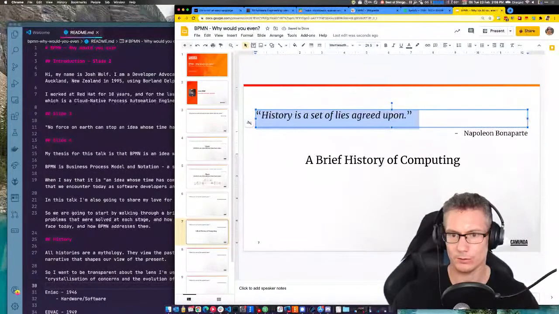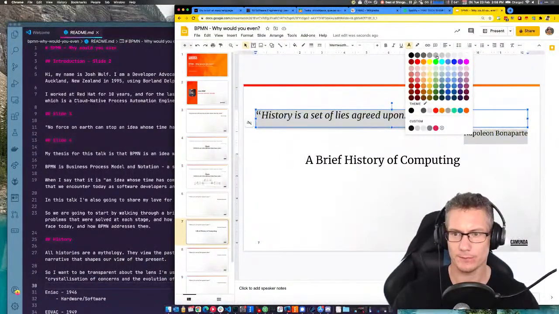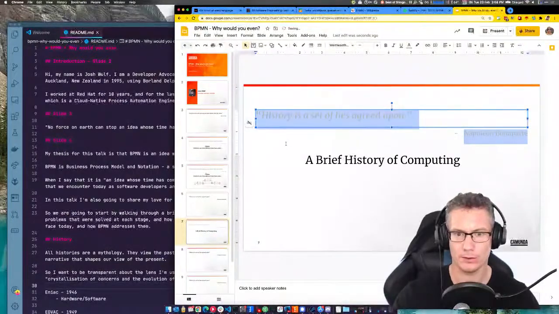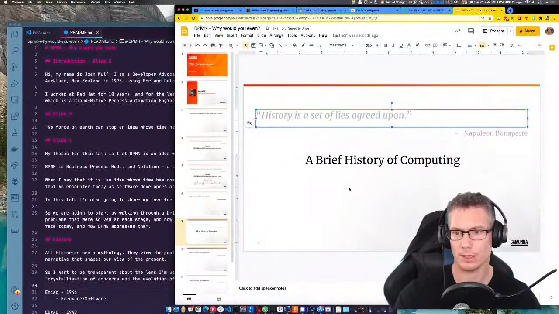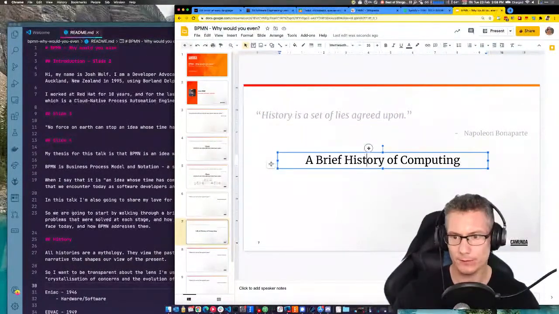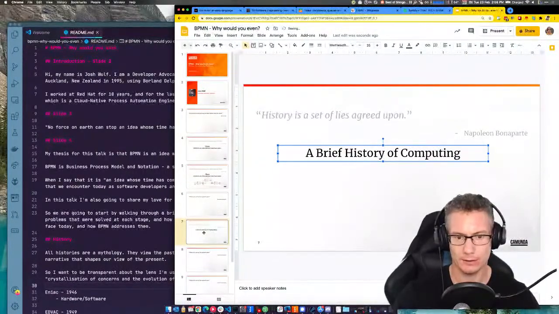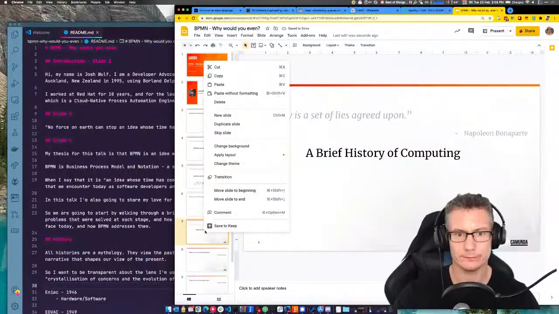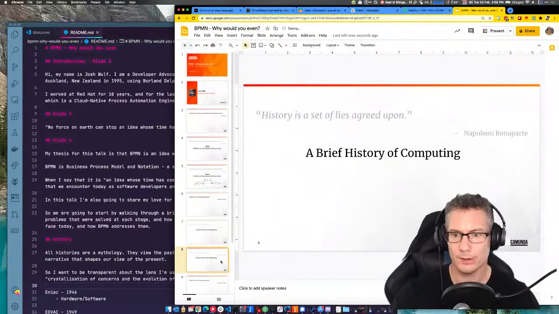So I'm going to drop this back to text color, I think to about here. Yeah. In which case, we'll elevate this to here, like that. Duplicate the slide. Okay, brief history of computing.